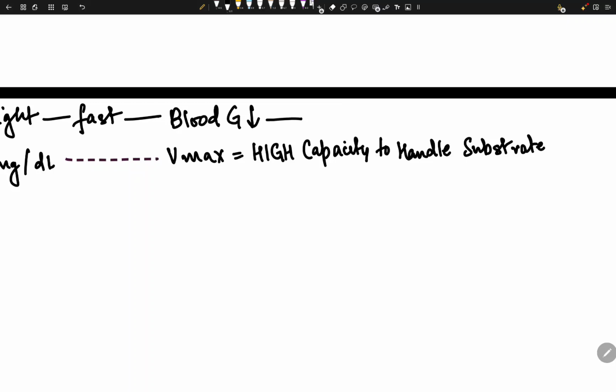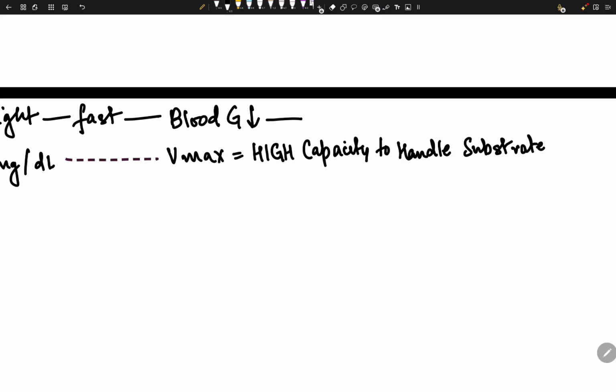Vmax means huge processing capacity. Now, why doesn't hexokinase have a high Vmax? Why do you think so? Because the brain doesn't normally need to clear the massive glucose loads that you get after eating McDonald's. It only gets enough glucose to meet its own demands, therefore the Vmax is sufficient for hexokinase.